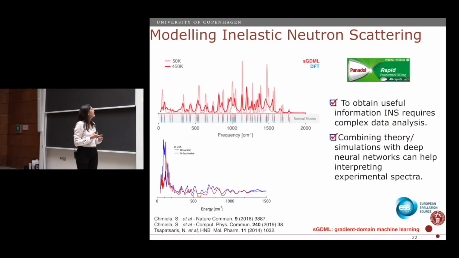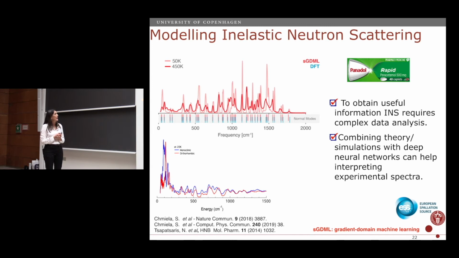So, modeling inelastic neutron scattering data. This is at the end some type of data that I have. This is my data. I have here intensity and I have here energy. And this is paracetamol. Okay? Paracetamol that we take for headaches or whatever.